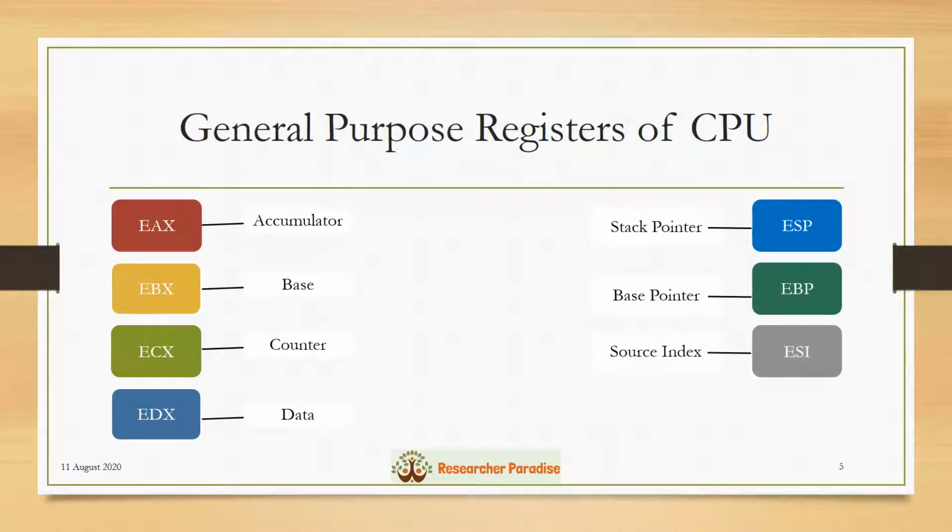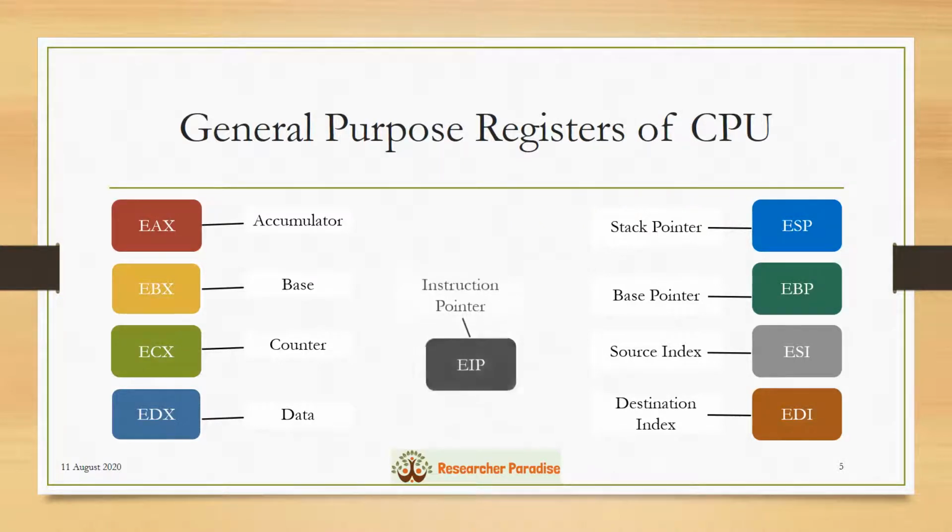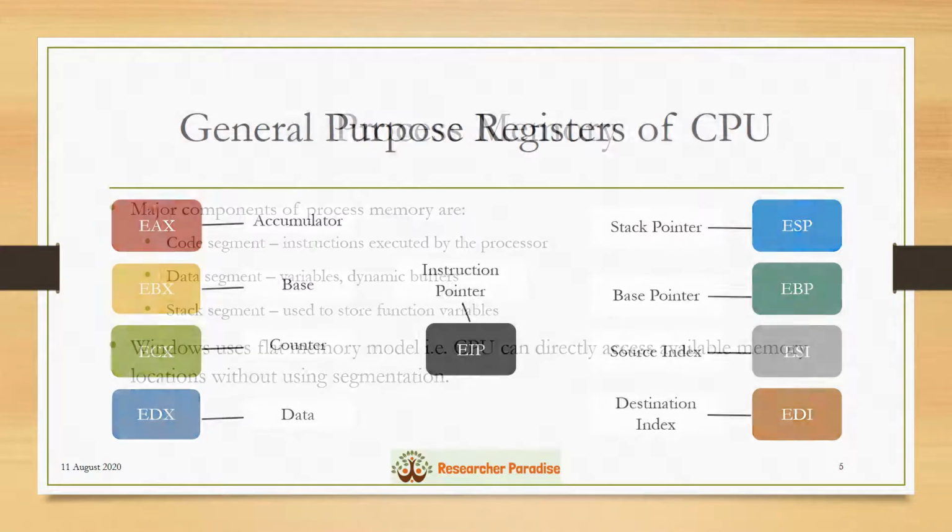Source index, it stores the location where the input data is stored. Destination index, it stores the location where the output data is stored. Last and the final register is the instruction pointer, the EIP, which is storing the address of the next instruction to be executed.